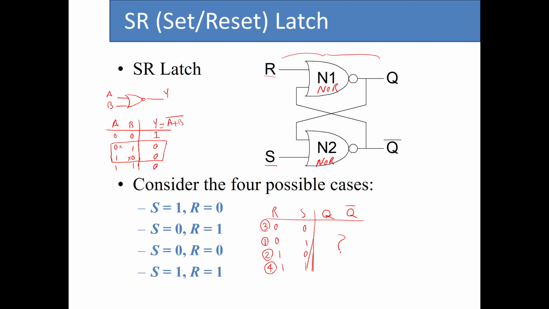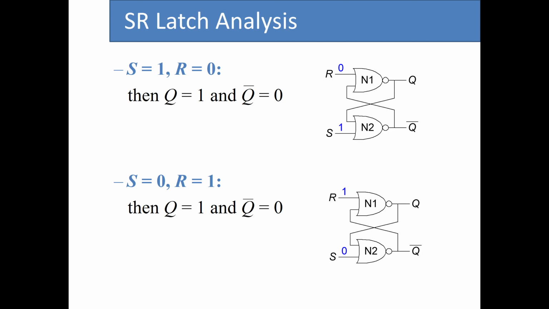So let's go through these possible combinations. In the first combination, we have S to be 1 and R to be 0. So R here, which is one of the inputs to this NOR gate, is 0.